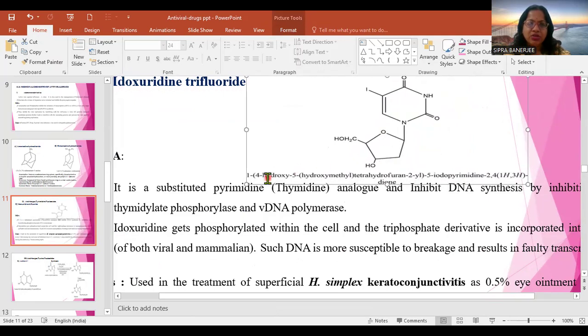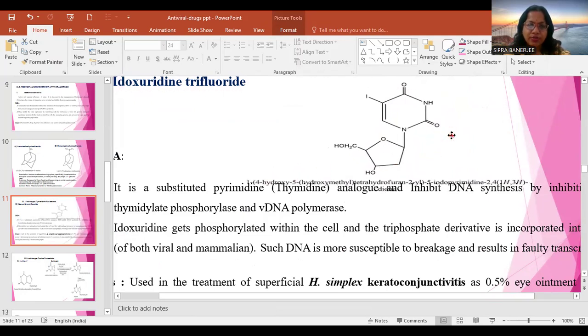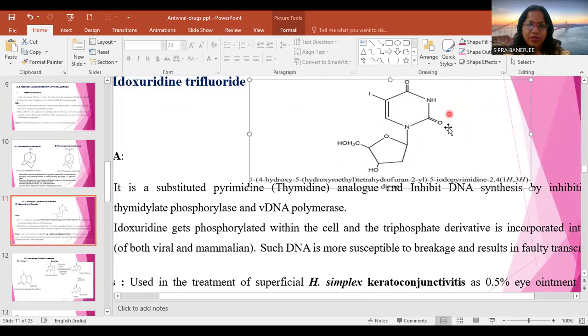The name is 1-(4-hydroxy-5-hydroxymethyl) tetrahydrofuran. A one-oxygen-containing five-membered ring is known as a furan, and as it is saturated, it is called tetrahydrofuran, with a 5-iodopyrimidine.